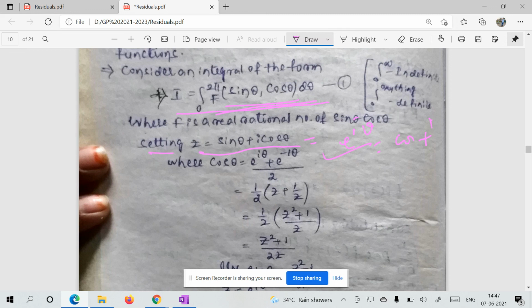So taking i common here, otherwise we can multiply and divide by i, we can change it into the e^(i theta) value.